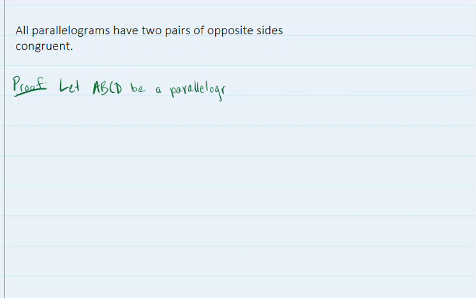And once you've allowed a figure to be a parallelogram, well, you can draw it exactly like it is envisioned in your mind. Okay, so mine's not going to be perfect, but I am going to label this exactly this. Let ABCD be a parallelogram. So we are going to assume that we have a parallelogram.